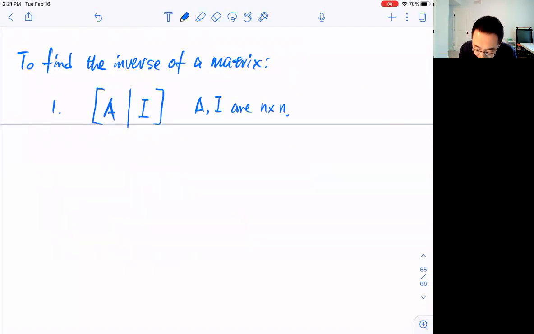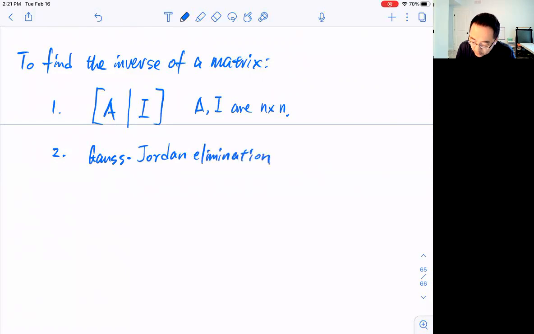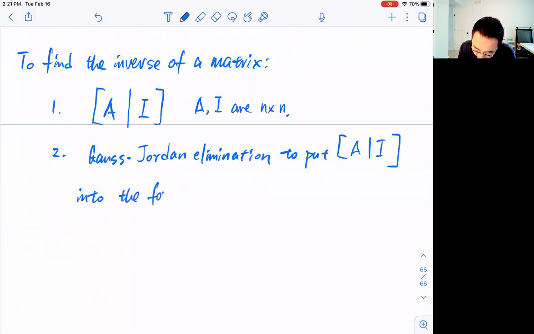Okay, and then step 2 is you use the Gauss-Jordan elimination to put A and I into the form I and B. What I mean by that is, Gauss-Jordan elimination, if you remember, is to reduce a matrix to its reduced row echelon form, which is now the identity matrix, right?